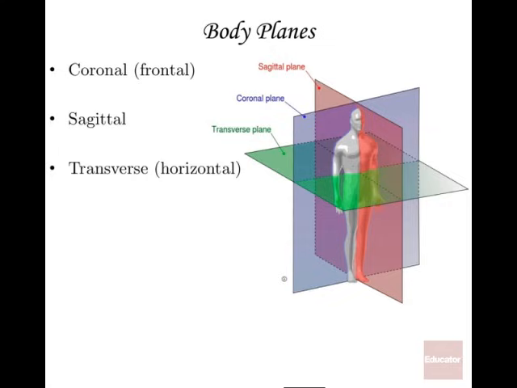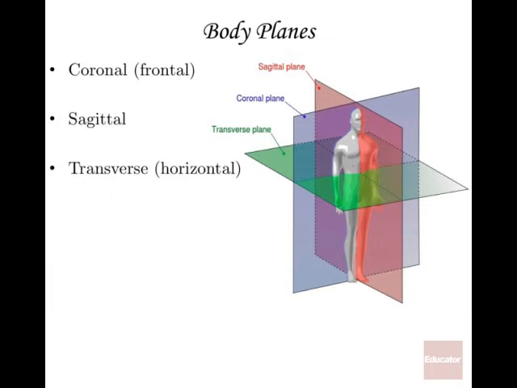Body planes, very important in terms of the study of the human body, taking views or nice pictures of the insides of organs and how tissues are related to each other. So if we took, let's say, the heart, and the heart oriented just like this in my body, if we took it out and then cut it like this so that you could see through the most anterior, from the previous slide, or ventral layers and inside the heart, that would be a coronal or frontal cut.